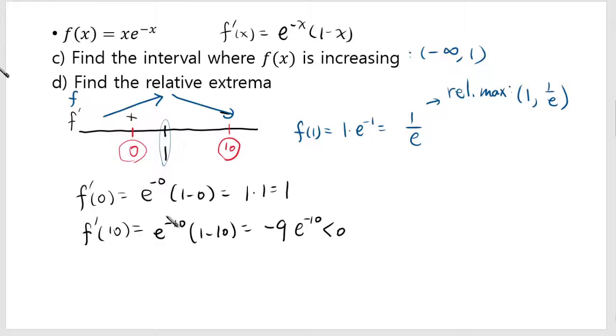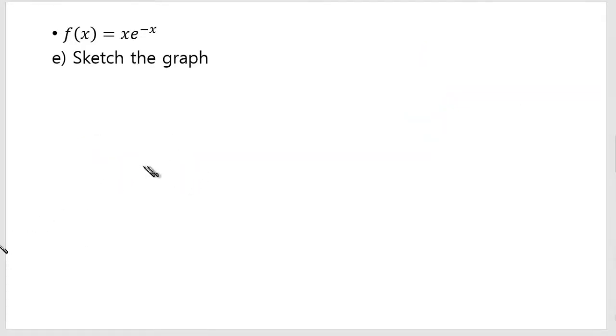Okay, we can gather all the information that we have so far to draw the graph. So let's think about what the graph would look like. We know that it should be increasing and then decreasing, right? Okay, so let's sketch the graph.